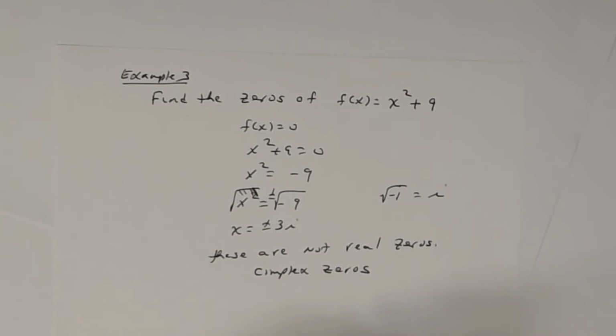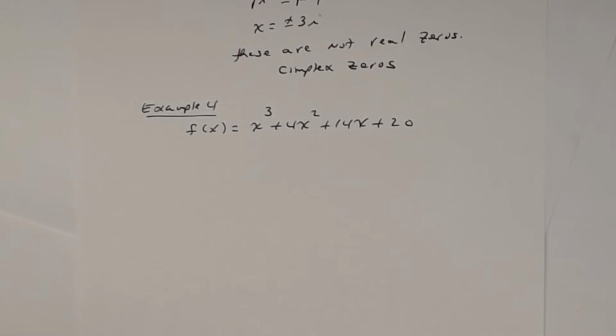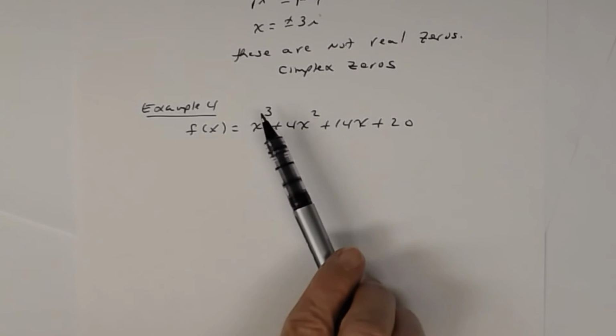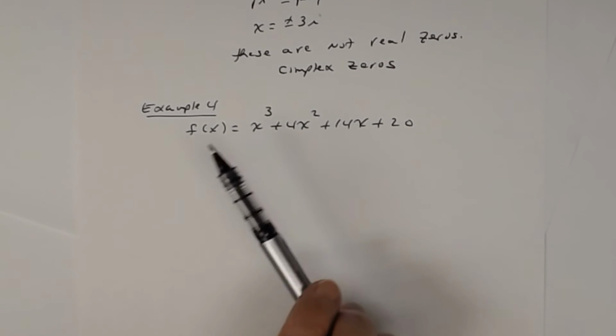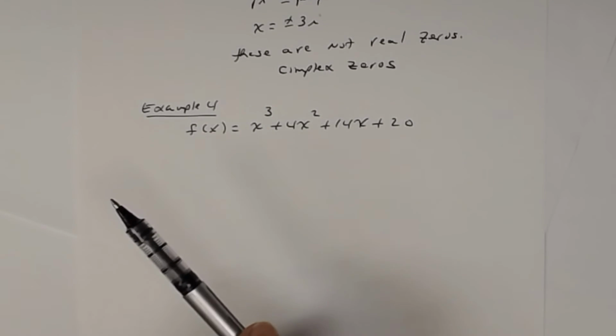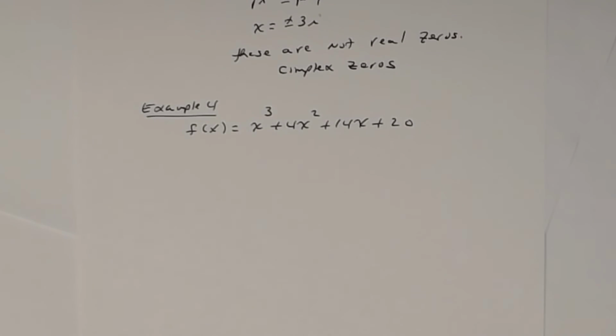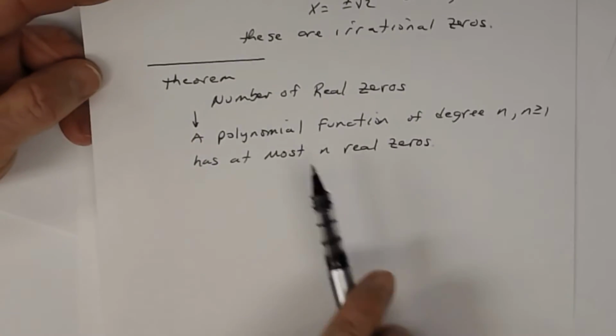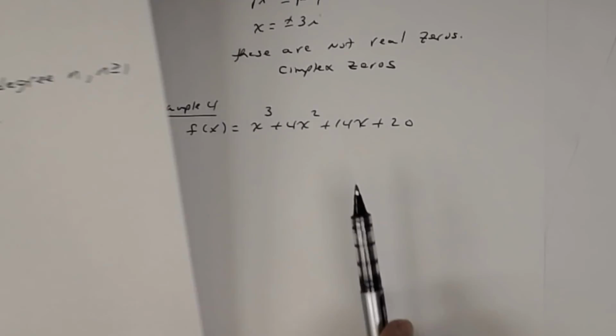Okay? All right, so in example 4, remember the degree here is 3. That's the largest exponent you see. The degree of this polynomial function is 3. So according to this theorem, this function has at most 3 real zeros.